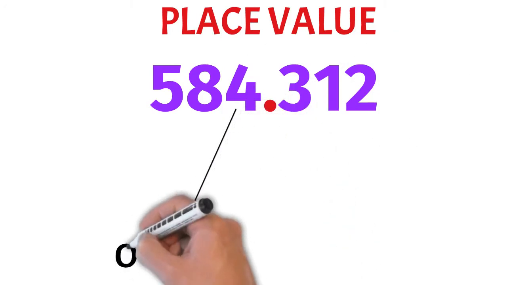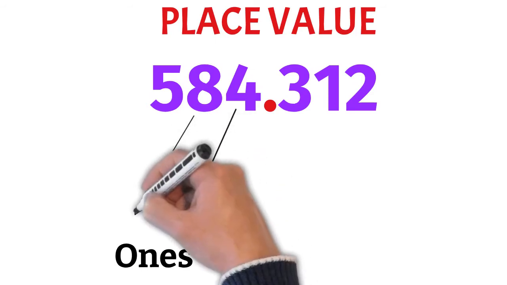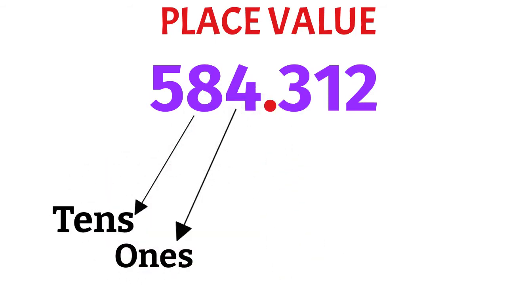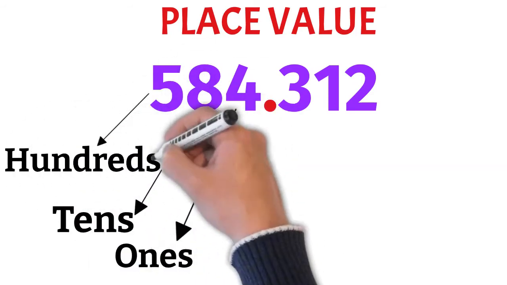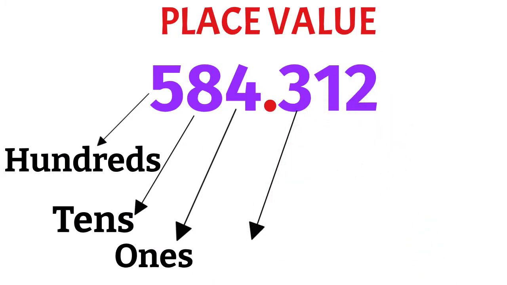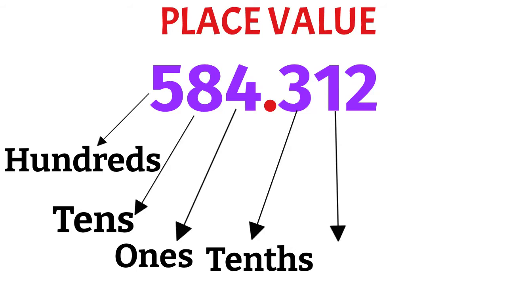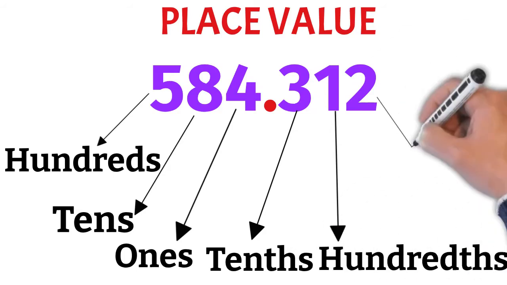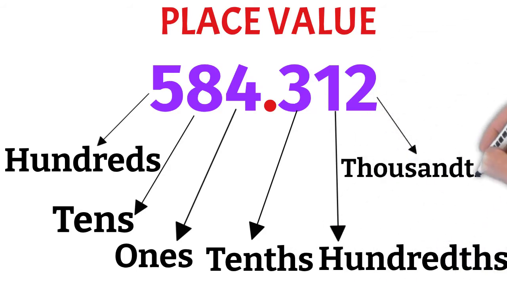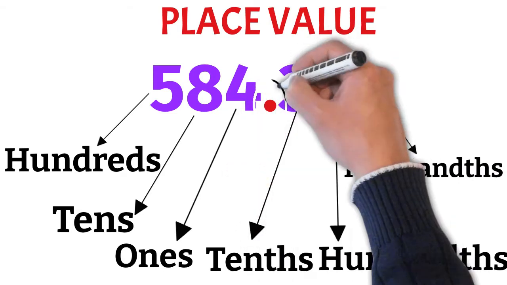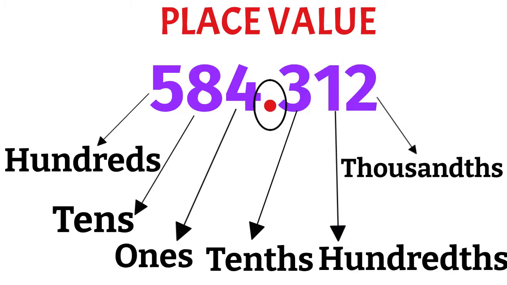Here, position of 4 is ones, of 8 is tens, and of 5 is hundreds. Likewise, position of 3 is tenths, means 1 by 10, of 1 is hundredths, means 1 by 100, and of 2 is thousandths, means 1 by 1000. Now, we can say the decimal point is placed between ones and tenths position of a decimal number.